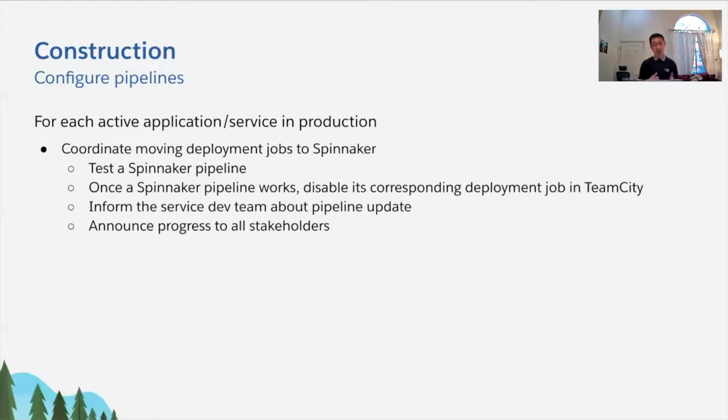We inform the service teams about the pipeline update and announce progress to all stakeholders. This is, again, a very critical aspect of this journey to migrate to Spinnaker: to ensure a smooth experience for all stakeholders, we must communicate very well each phase of the migration.